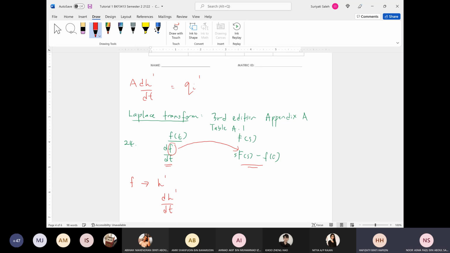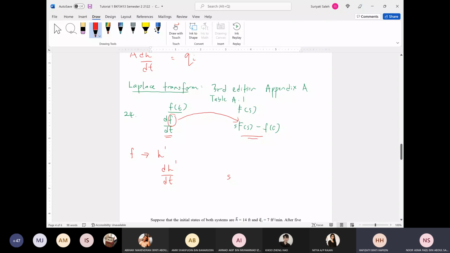When I do the Laplace transform, I follow the same form, starting with the s, and the small letter has been transformed into the capital letter. So I follow the same form, H prime, and then I put the s.